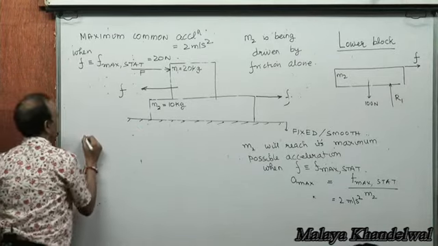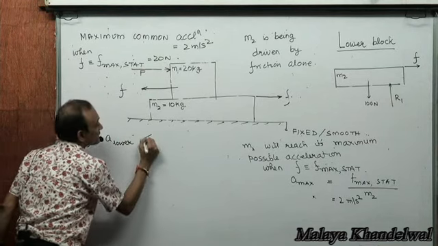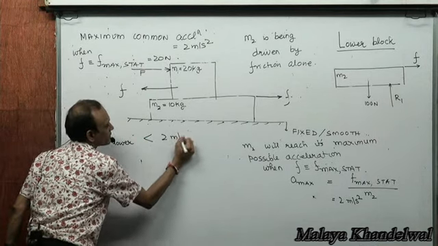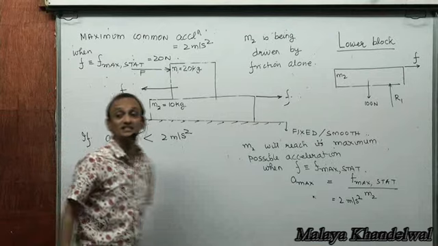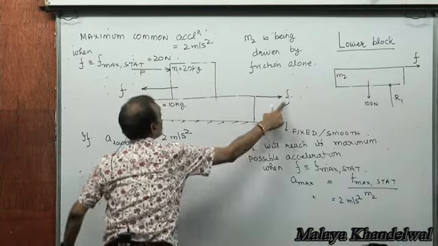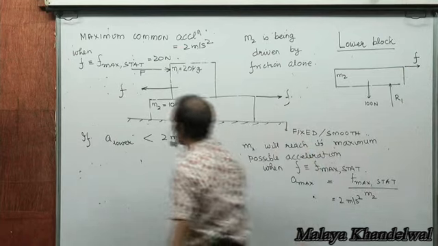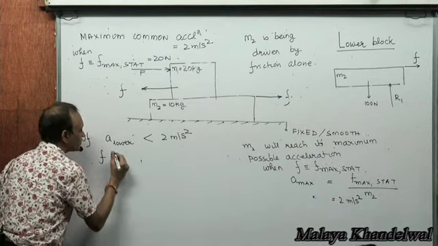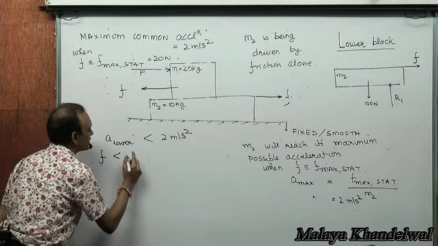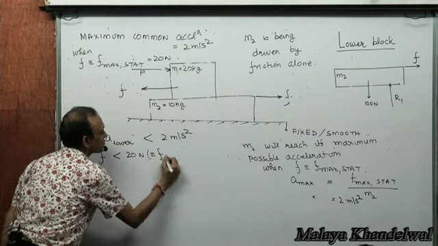Now, if the acceleration of the lower block is less than 2 meters per second squared, very clearly, this F has to be less than 20 newtons. The frictional force between the two would have to be less than 20 newtons, which is maximum static friction.